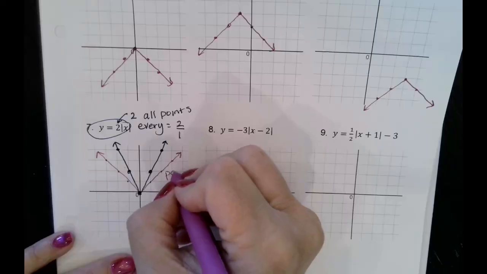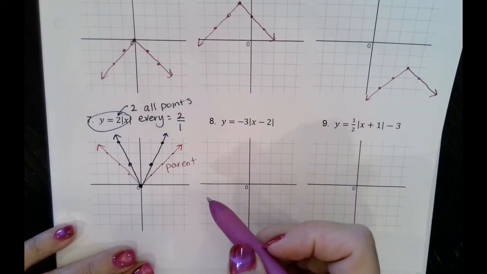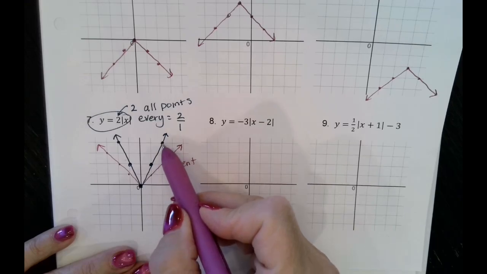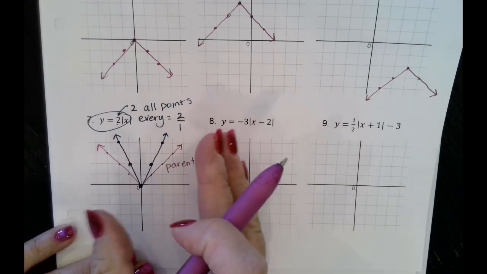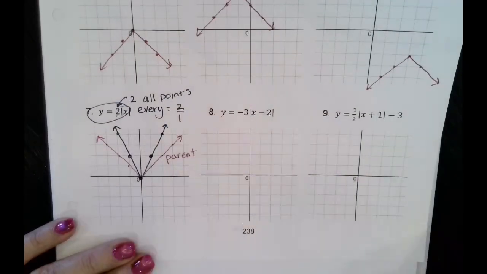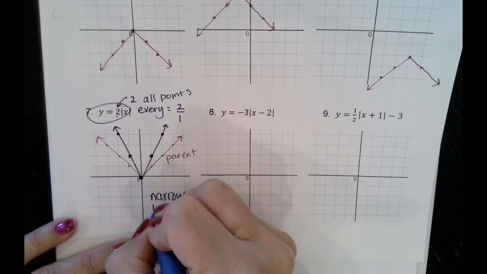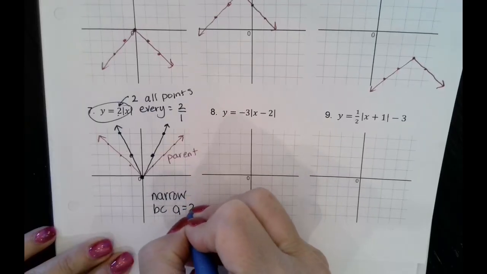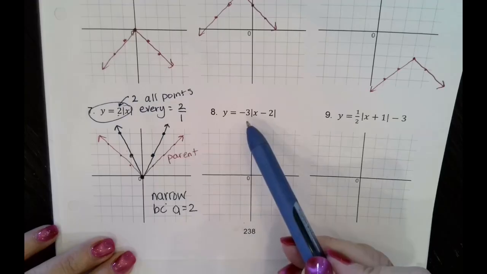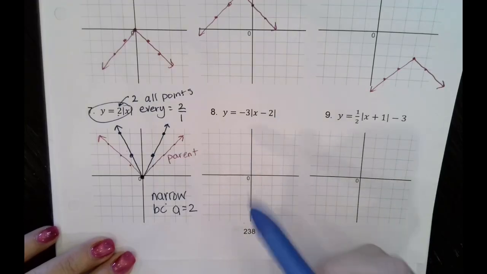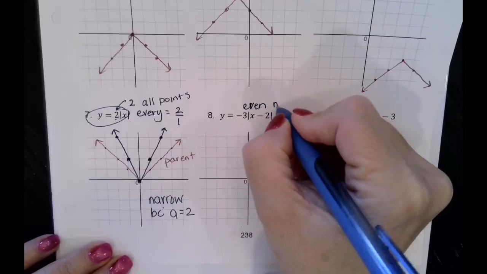Now, just like with a quadratic, when our slope is a big number, then it gets more narrow. And that's what happened here. So my transformed function is more narrow because a equals 2. This value of a equals 2.